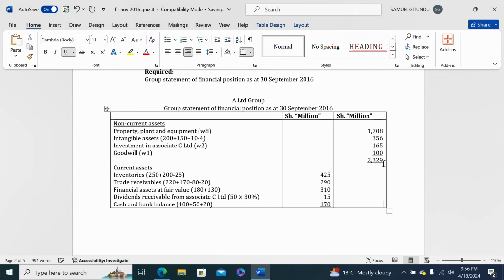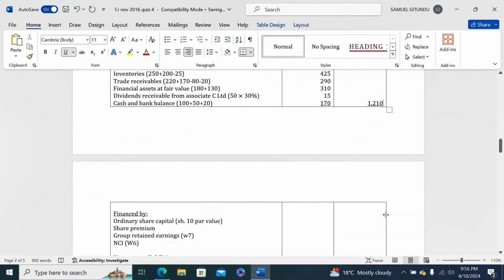If we add all of these current assets, we are getting 1210. Now we add them to the non-current assets.